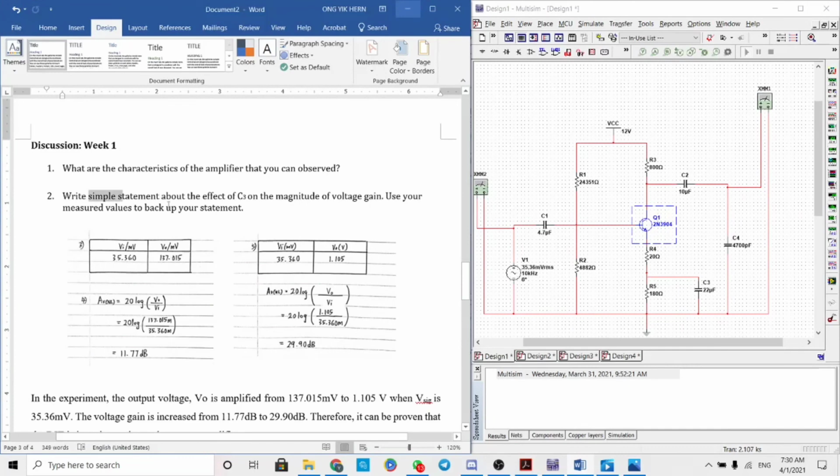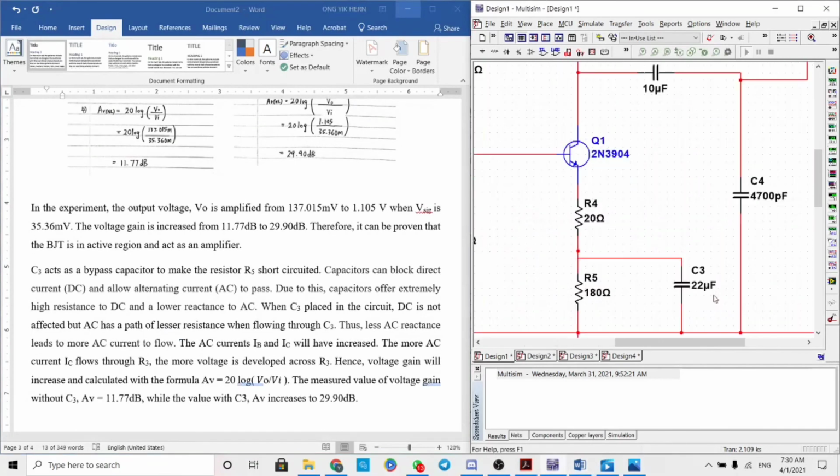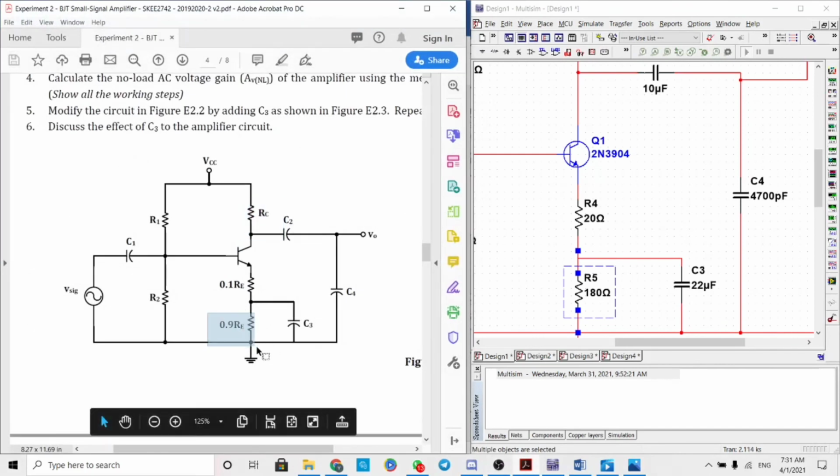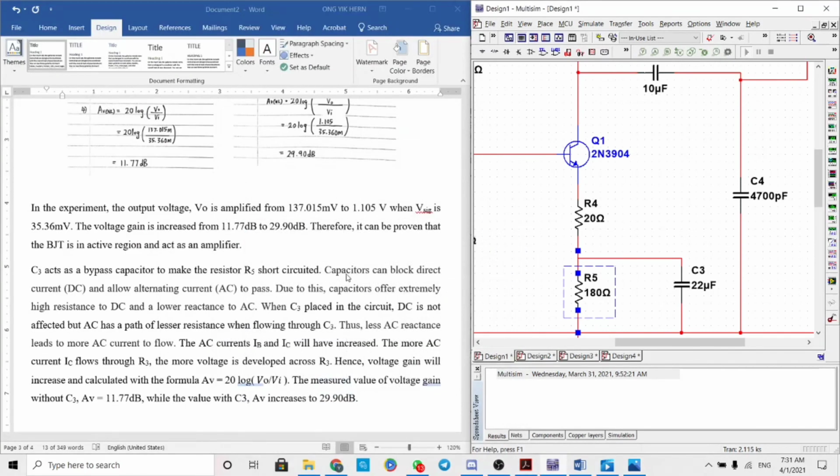Next, a simple statement about the effect of C3 on the magnitude of voltage gain. C3 acts as a bypass capacitor to make the resistor R5 short circuited. The resistor R5 is the 0.9 RE. A capacitor can block direct current and allow alternating current to pass.